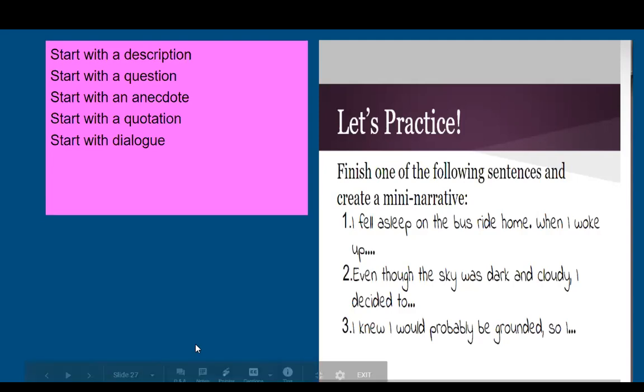The second ending, I mean, this was just one way of trying to continue with it. Even though the sky was dark and cloudy, I decided to. Now I decided to what? Even though it's a kind of contrast, it says that you did something you didn't want to.